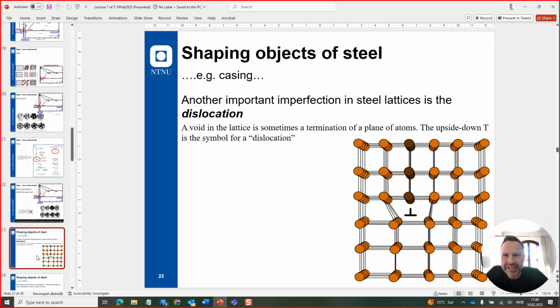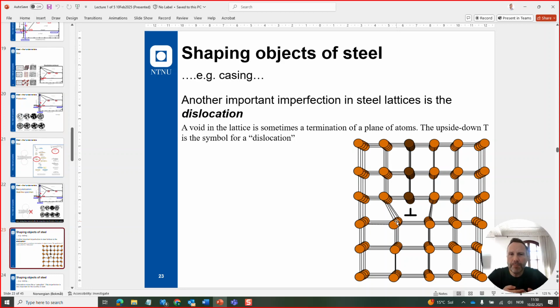You see a steel lattice in the picture below here, and it has a sign like an upside down T here, showing that a plane of atoms ends. And you will have an imperfection in the lattice. These imperfections are crucial to the behavior of steel and the way of shaping the steel into casing or whatever you're doing.